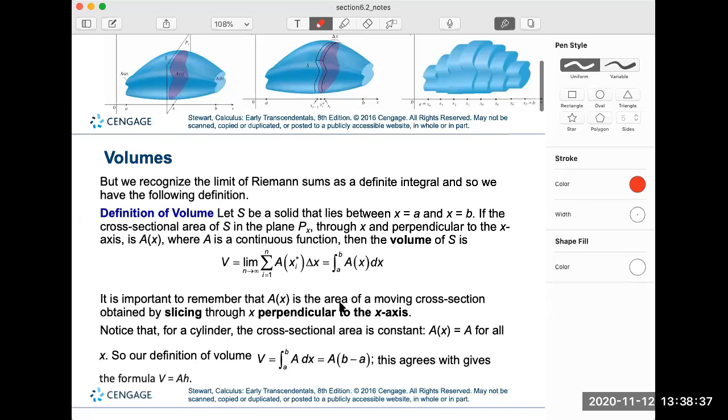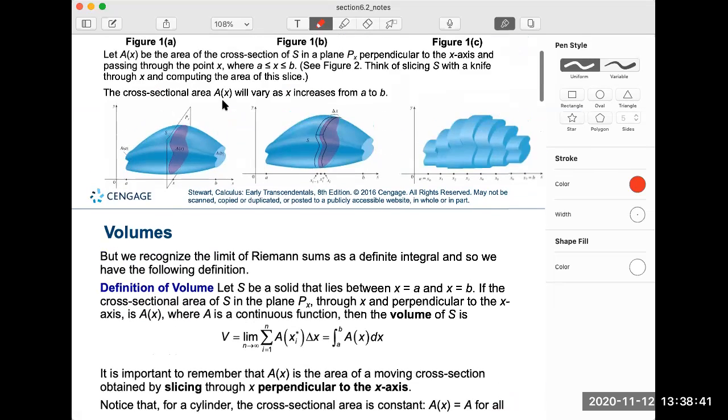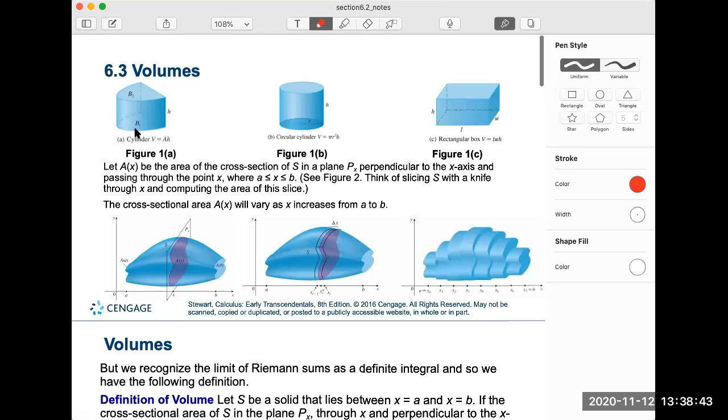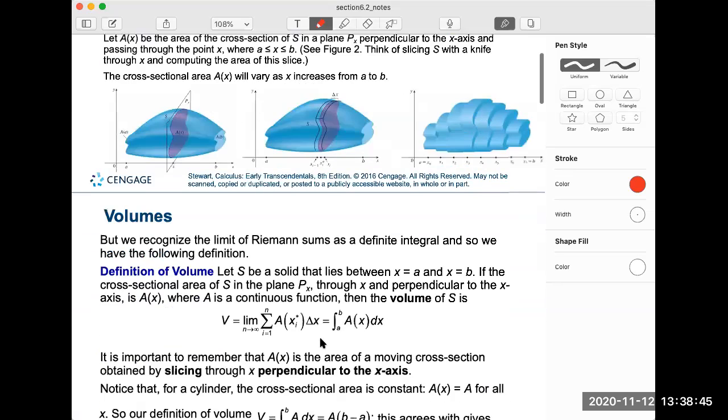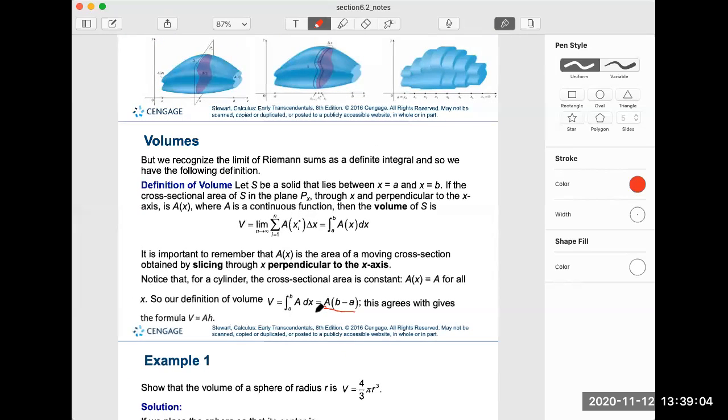And in some specific case, the cylinders you can see, right? Then it gives us the same result as A times (b minus a). (b minus a) is the height of this cylinder. So that is the idea. And we will focus on that in the whole section here.